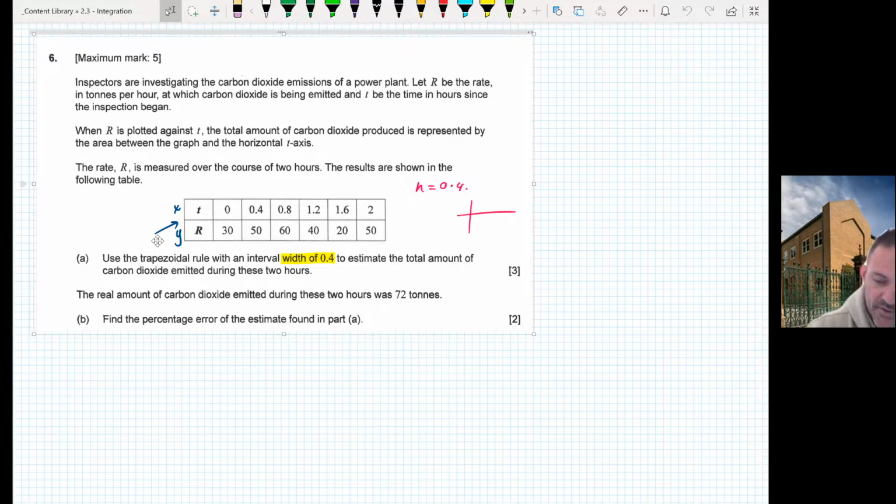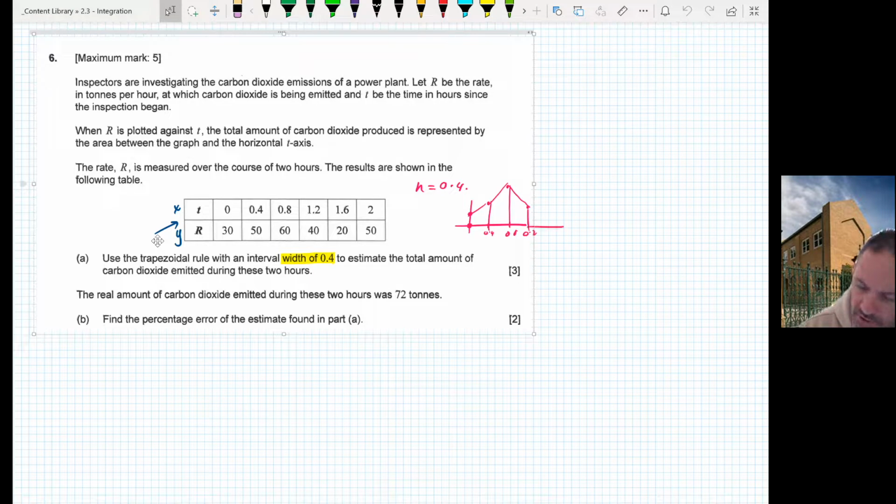That's 0 and it goes up to 30, for example, and then 0.4, and this is going to go up to 50, and then this is 0.8, it's going to go up to 60, and you can start to see how my trapeziums are going to take shape. 1.2 goes down to 40, so somewhere here, it's another trapezium.